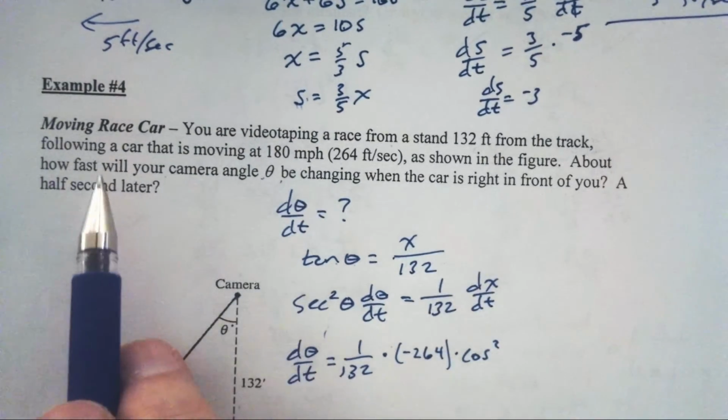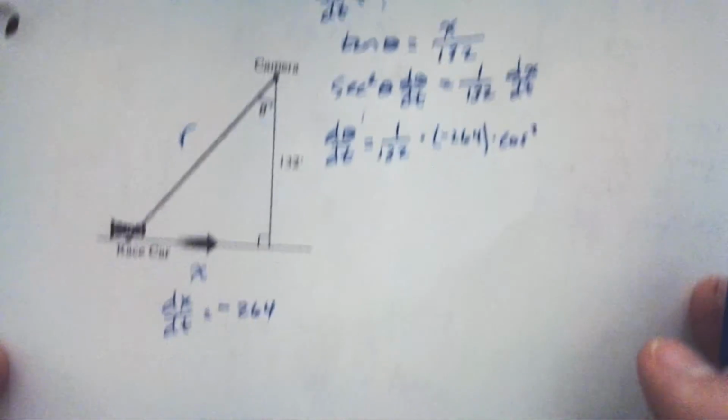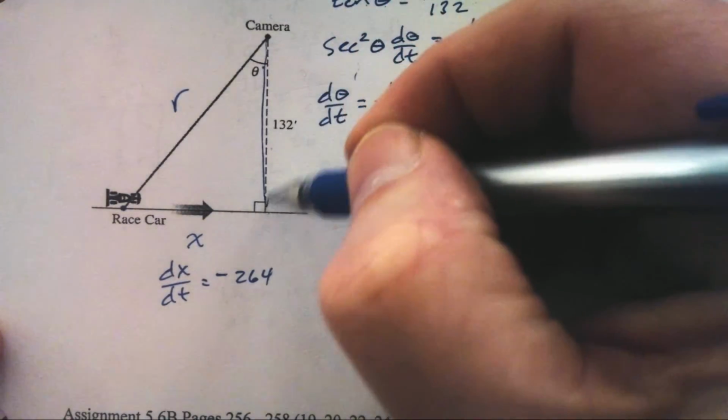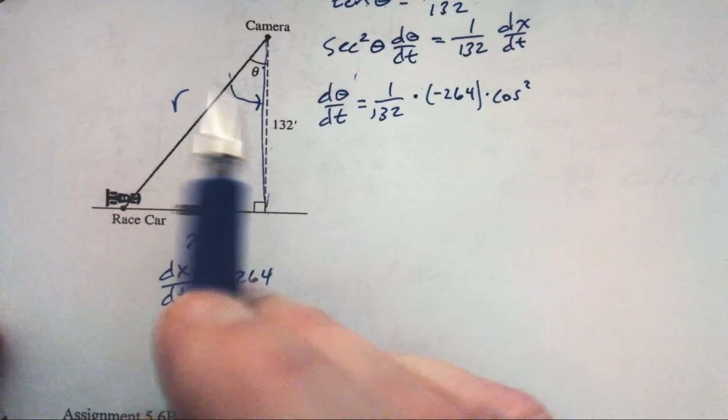Let's see. About how fast will your camera angle theta be changing when the car is right in front of you? When the car is right in front of you, theta has shrunk to 0.